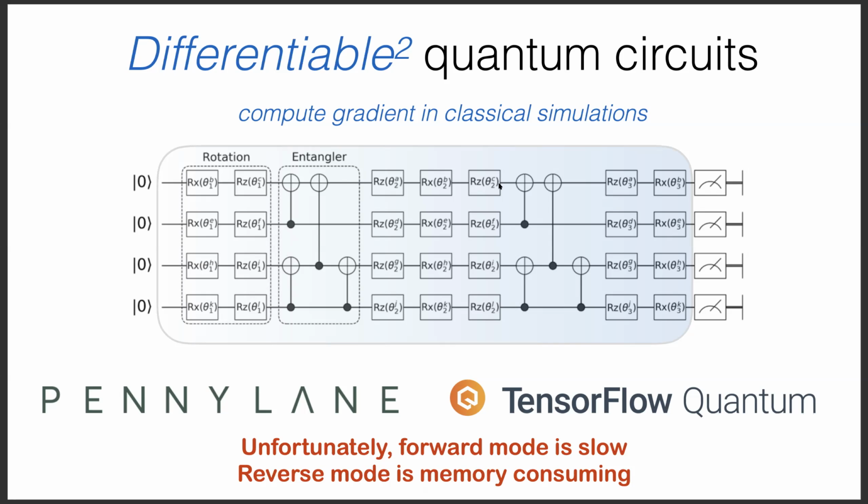For example, how should I connect those gates? And where should I put my variational parameters?